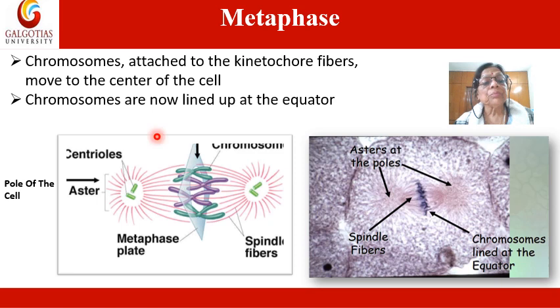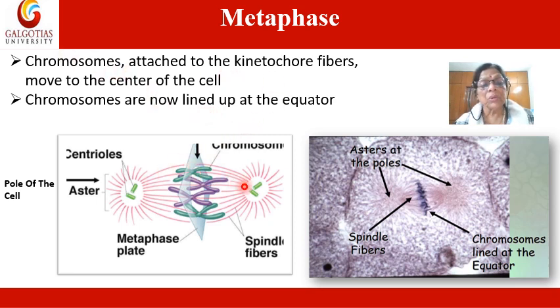Now, this slide is showing how they look under the microscope during metaphase. We know that during metaphase, the chromatids arrange in the equatorial region of the cell. So now the chromosomes attach to the kinetochores.